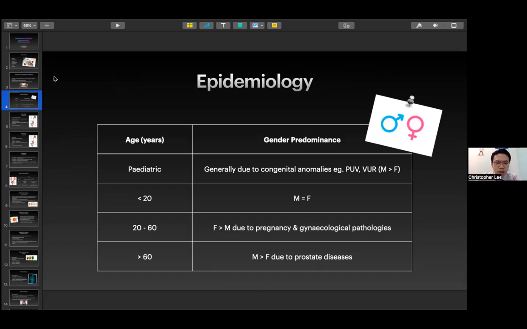For those below 20 years, the incidence is equal between males and females, whereas between ages 20 to 60 years, it's more common among females due to pregnancy and gynecological conditions. After the age of 60, however, it's more common in males due to prostatic disease.